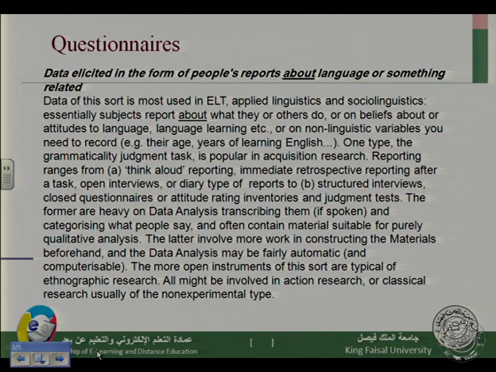So with these questionnaires, you ask the subjects to report about what they or others think, about their beliefs, about the language, about their attitudes. Let's say that your topic is about what do you think of using computers in the classroom.